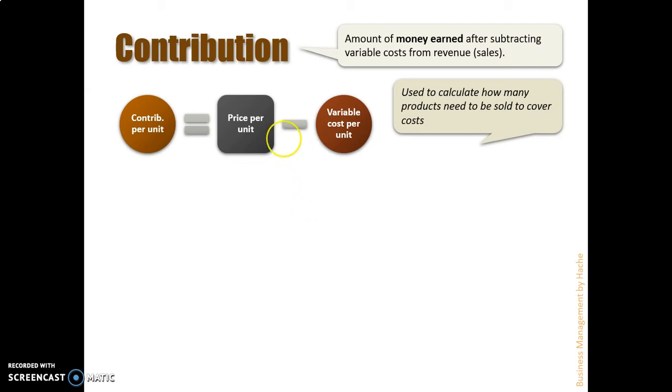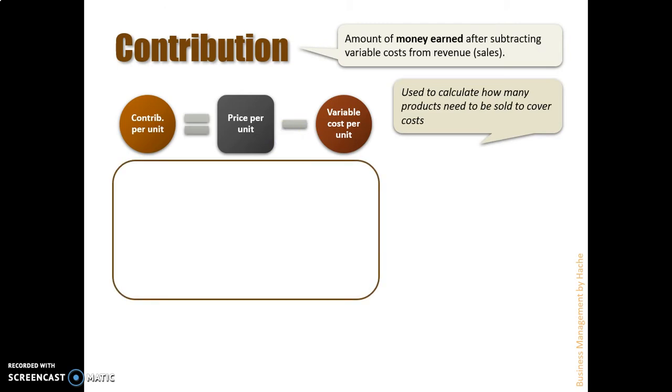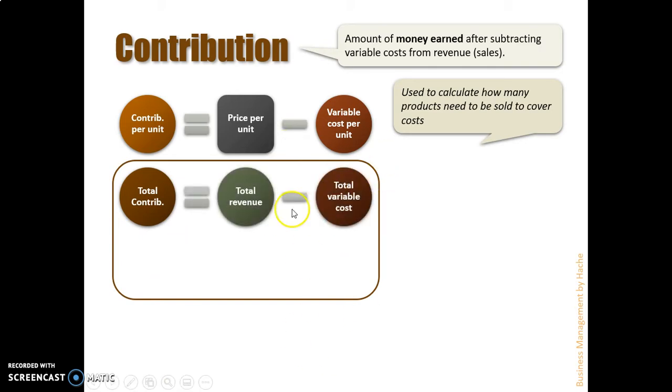But you can also get the total contribution. You can also calculate all that. It's very simple. You just look at the bigger picture. You get the total contribution by subtracting the total variable cost, how much you spent for the tray of cookies, from the total revenue, how much you got from selling that full tray. And then you will get the total contribution.